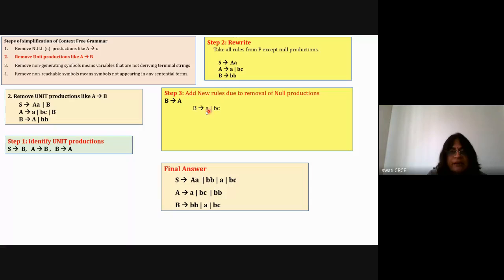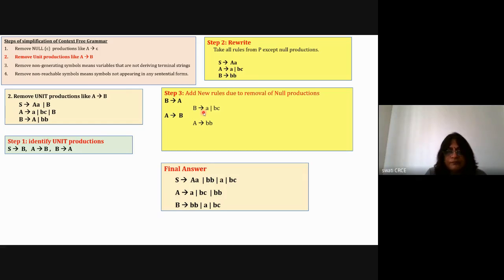Now take the second variable A. For A, the rule is A generates B. So A is nothing but B. So whatever is there in B is also A. So write down that.